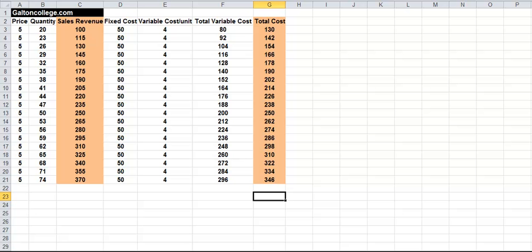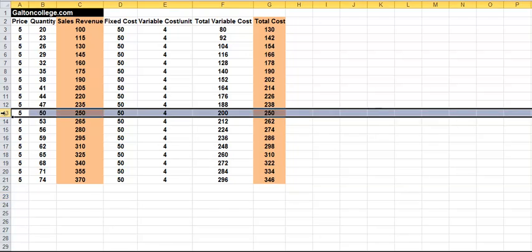We have to find the figure where that happens. You could do it just by looking at the table in this case, because it should be pretty obvious that that's it. The sales revenue is 250 and the total cost is 250 as well. But we don't want to do it that way. We want to do it slightly more sophisticatedly.